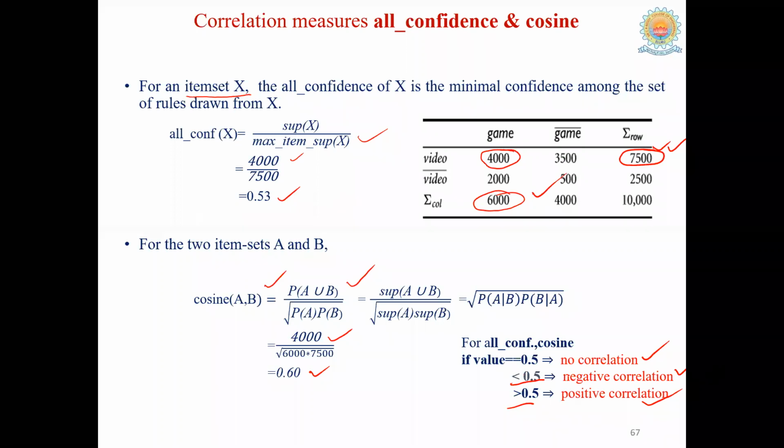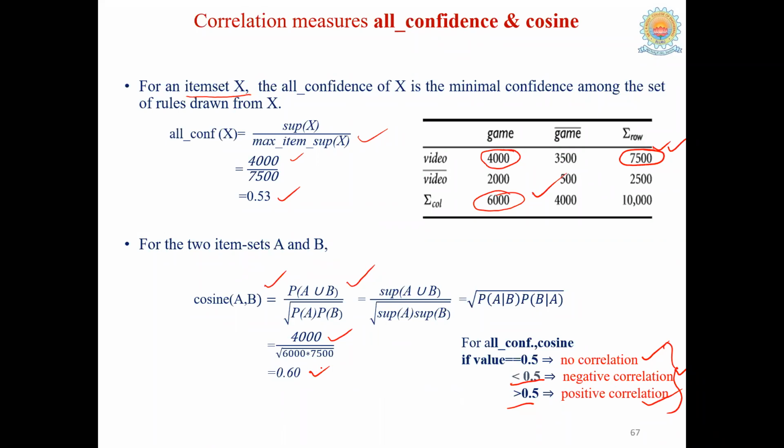Since 0.53 satisfies which condition? Greater than 0.5. So since we get the value which is greater than 0.5, by observing the all confidence measure, the conclusion is that the item sets are positively correlated.